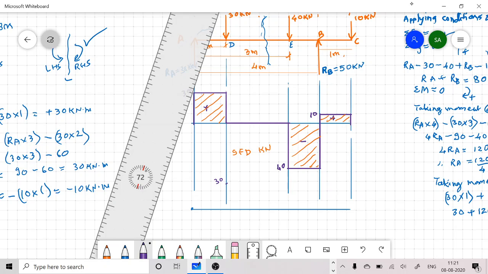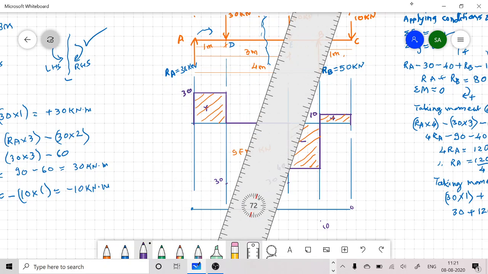Bending moment at E is also 30 kilonewton meter. Then at C it is 0, free end, and at B it is minus 10. So below the baseline 10. Now join these points.